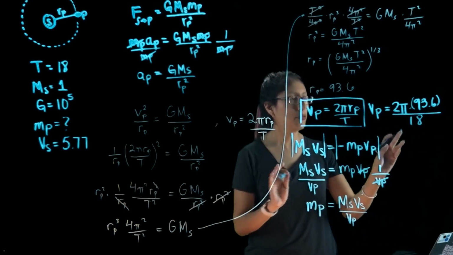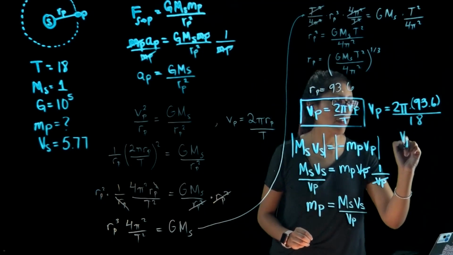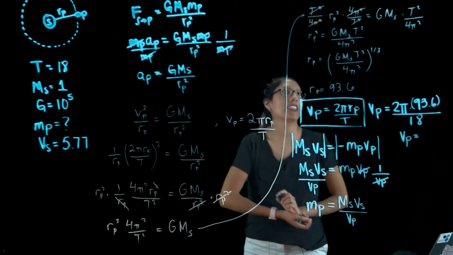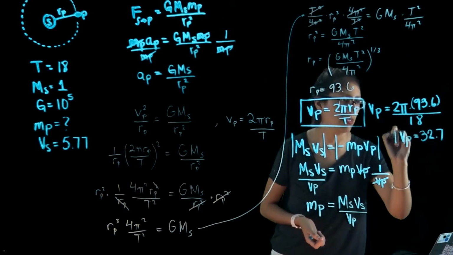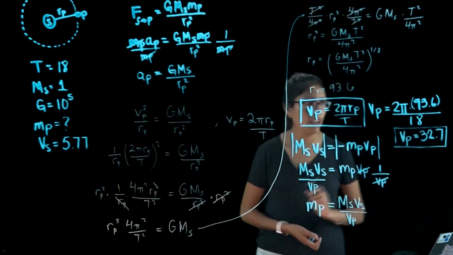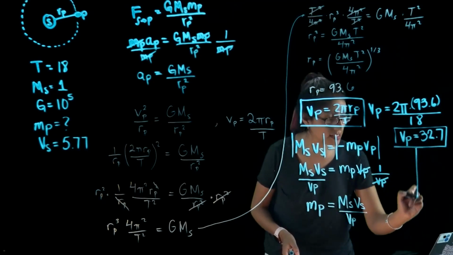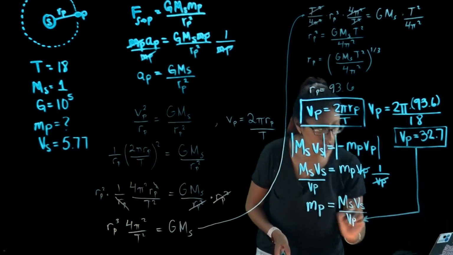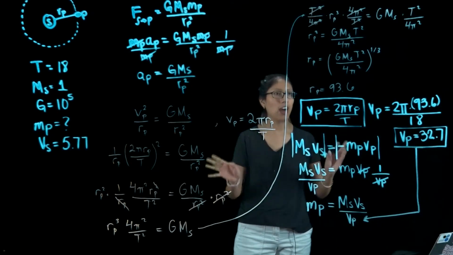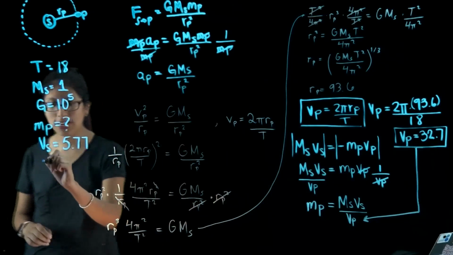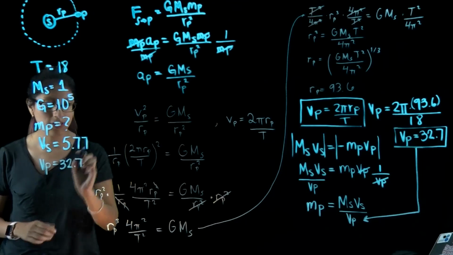Now if we put this into our calculator, we find that the velocity of the planet is actually 32.7. And now we can place this value into the velocity of the planet. Just so we have all our variables written down, I'm also going to write it down here: velocity of the planet is equal to 32.7.